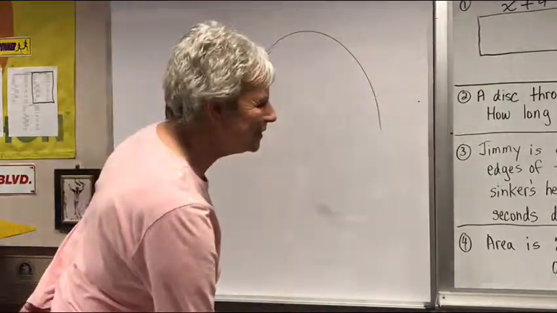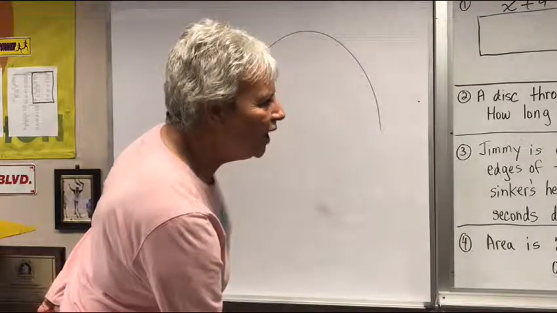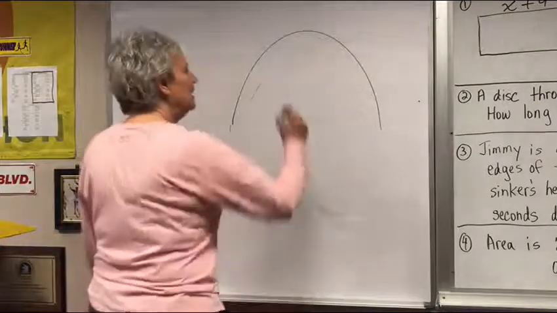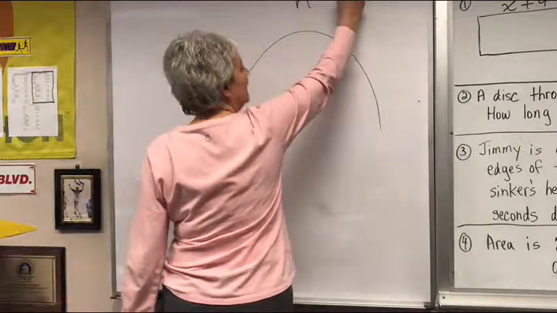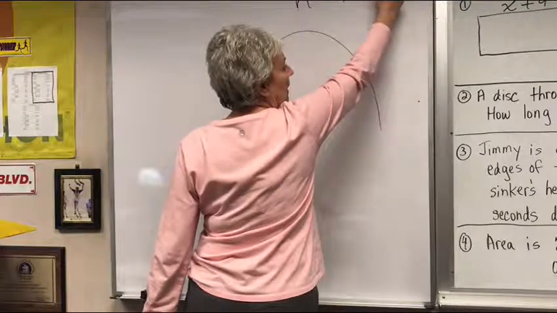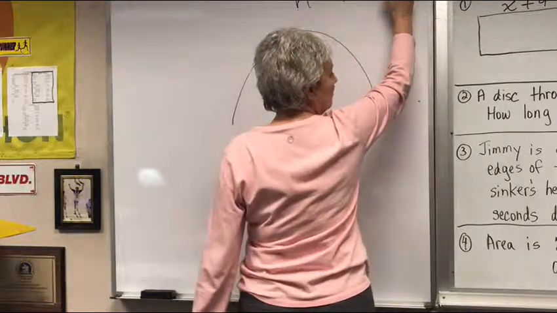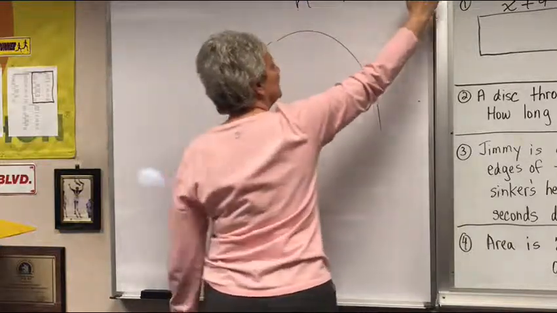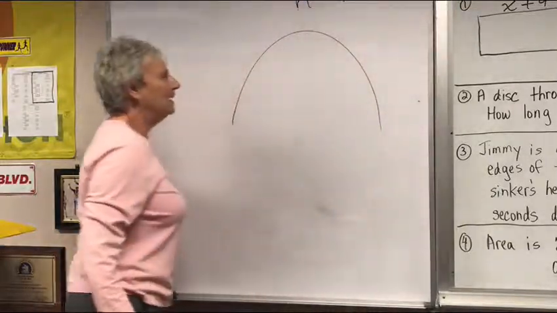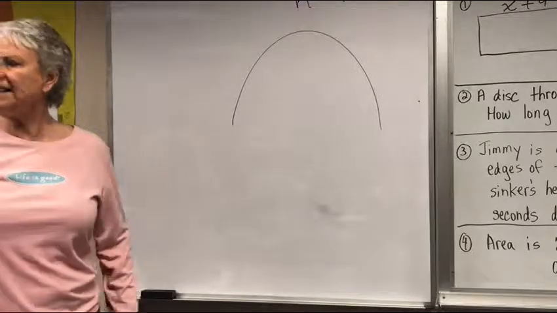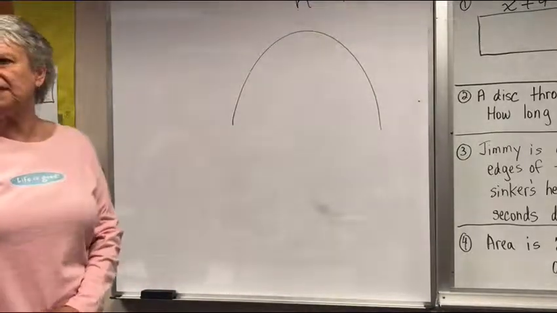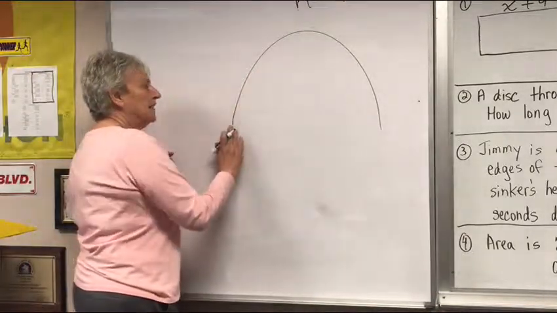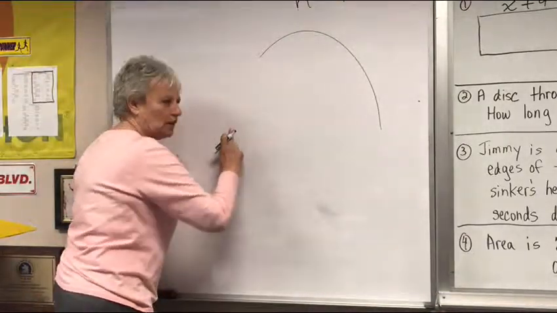I don't know that much about fishing, but I do know that he's throwing it from how many feet? Well, if he's standing up, that's 6. And the -16 is gravity. That's why you're always seeing -16.